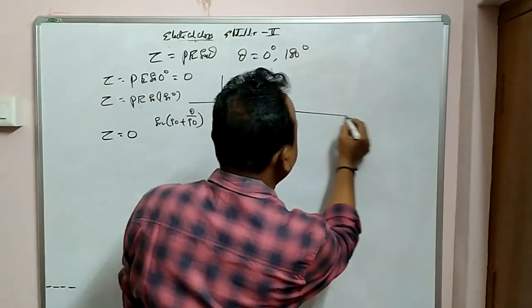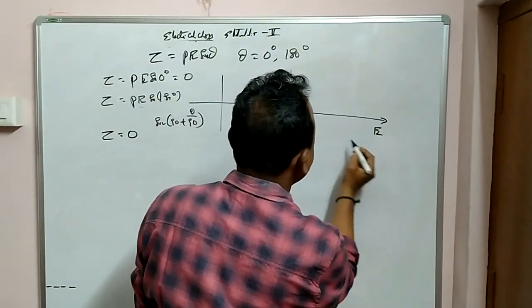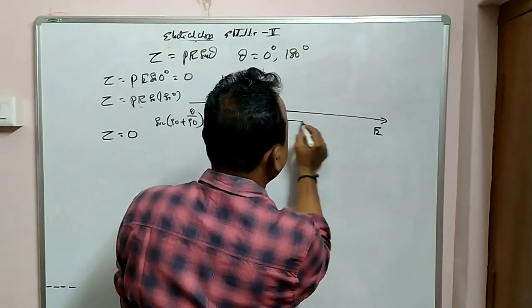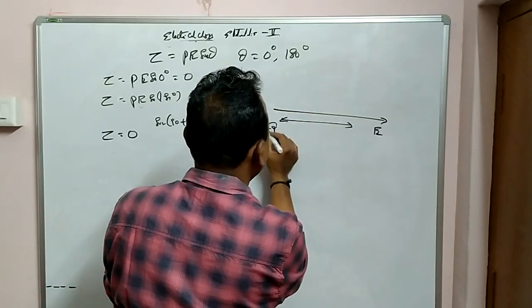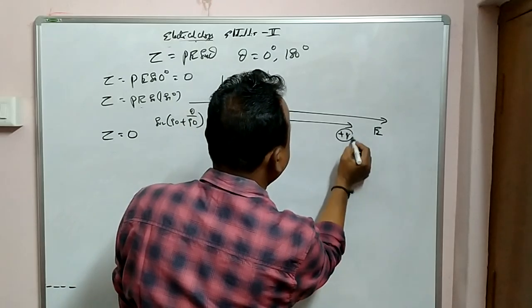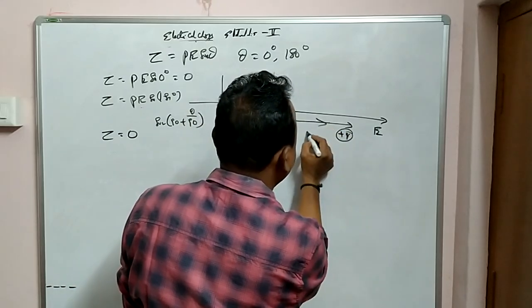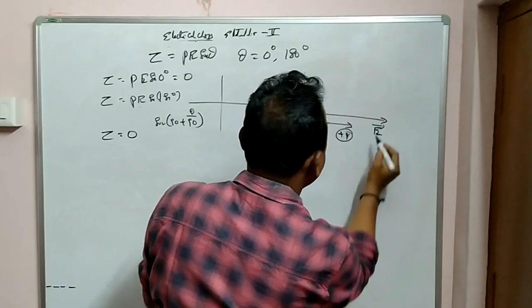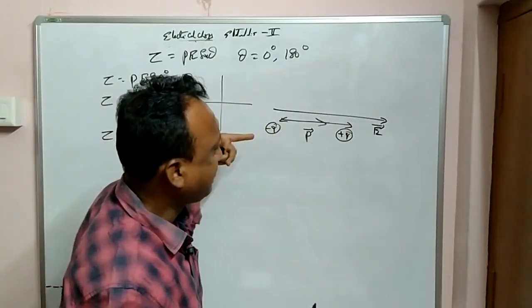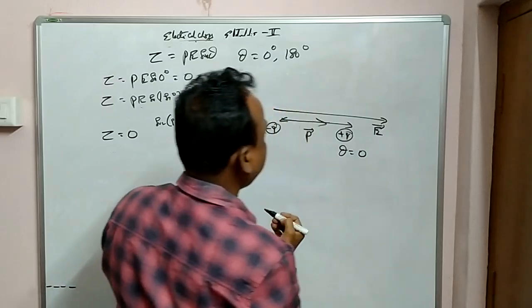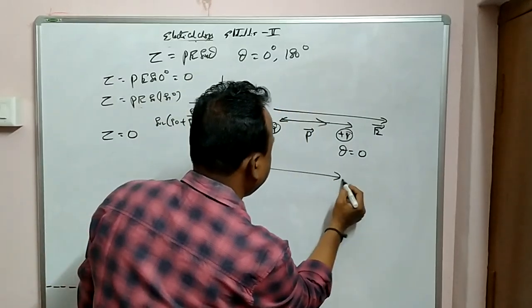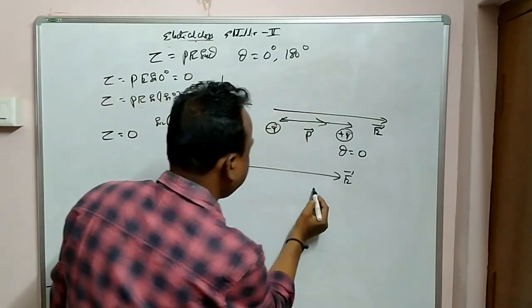for example, this is the electrical field and suppose this is the direction. For example, this is minus and this is plus. This is the electrical dipole moment vector. See here, P and E are in the same direction. So here what happened, theta is 0. Next, electrical field intensity.